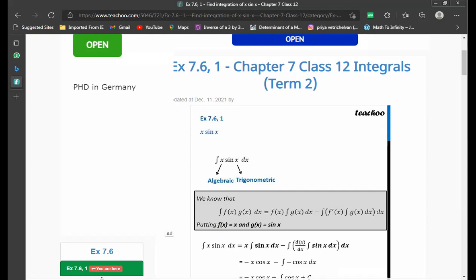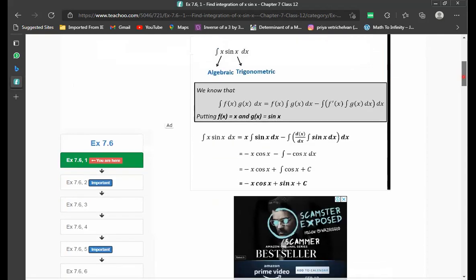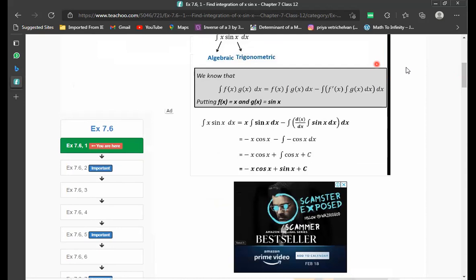This might look big, but if you break it down into small parts, it would be very easy. We'll find integral of g of x and f dash of x, and then just substitute over here.